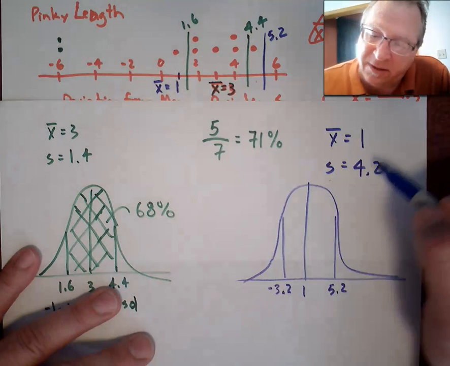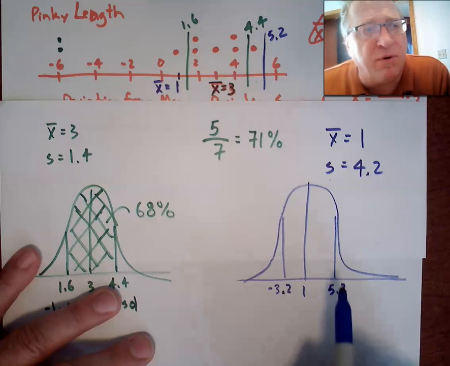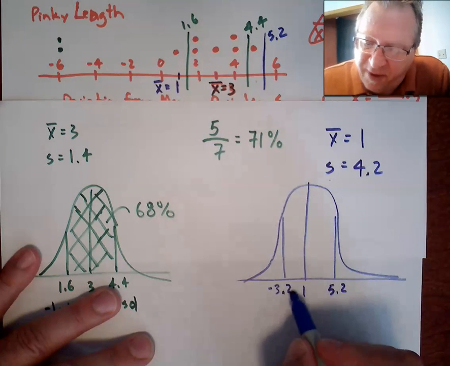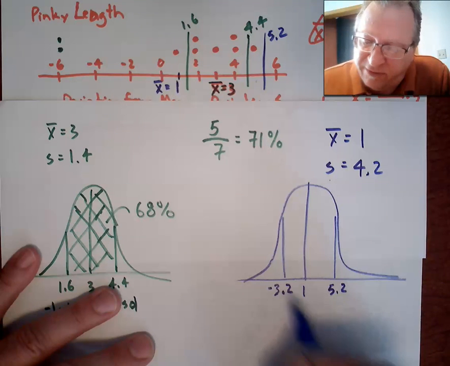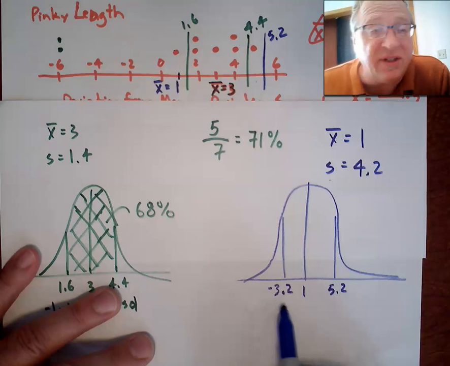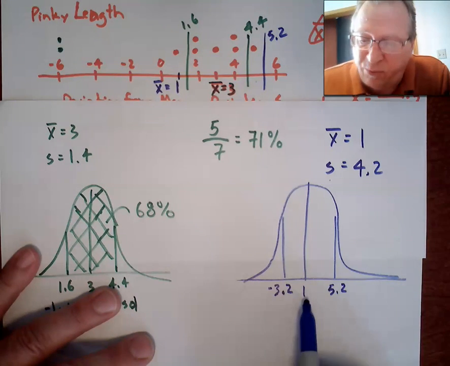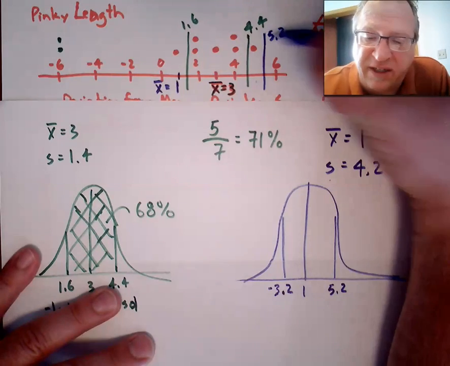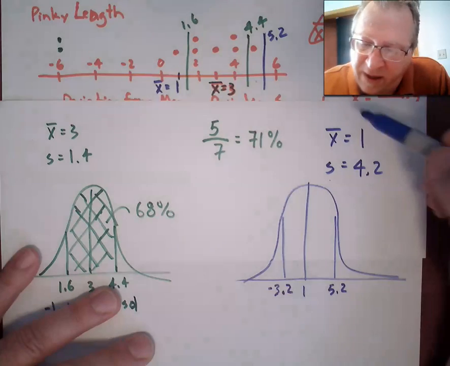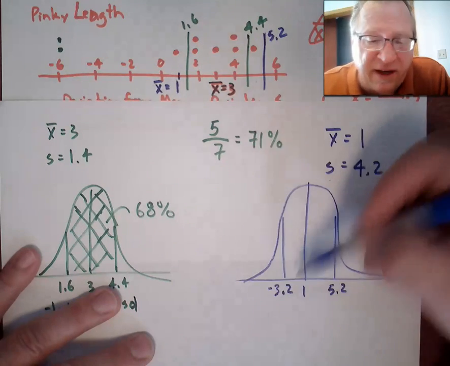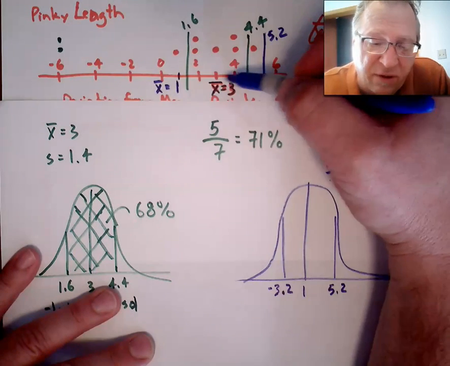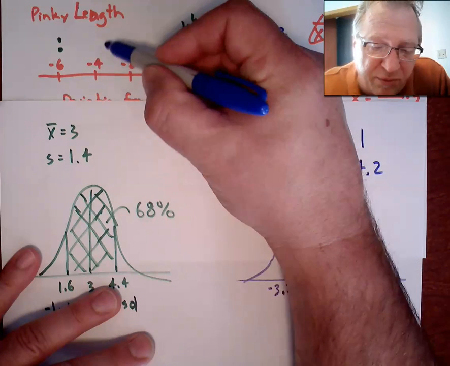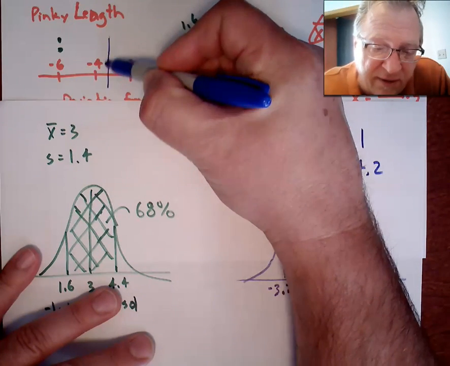All right, so I've drawn in a bell curve for our problem once again, and sure enough, 1 minus 4.2 is negative 3.2. 1 plus 4.2 is 5.2, so we're drawing those in on our number line. There's negative 3.2, something like that.